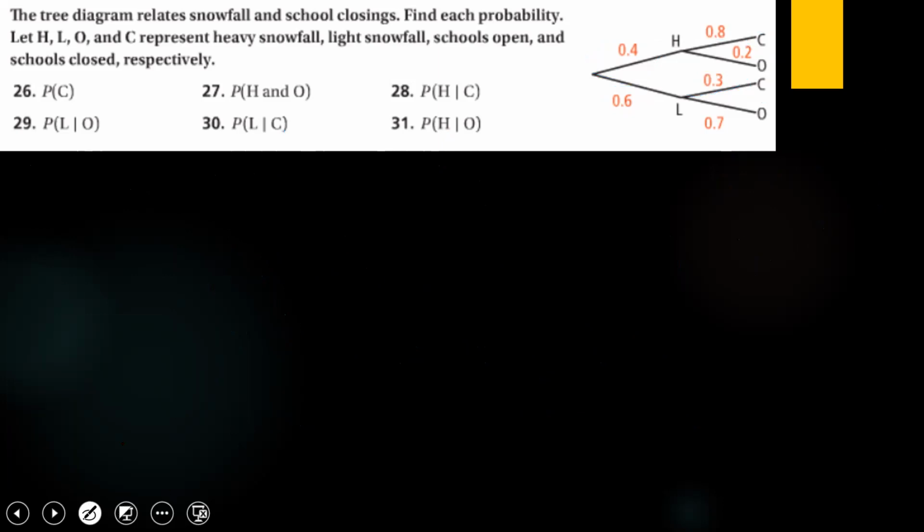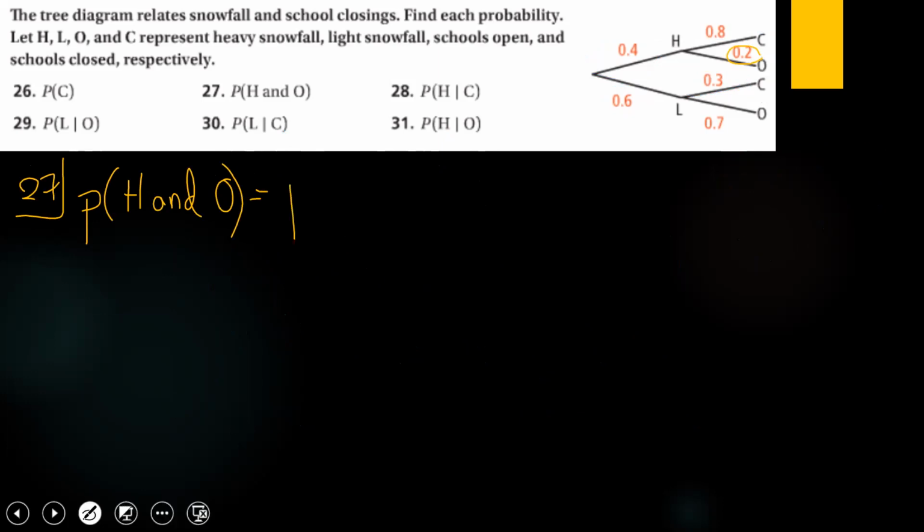Now, number 27. Probability of H and O, the probability of heavy and open. As we said, this number in the tree diagram tells me about the conditional probability.